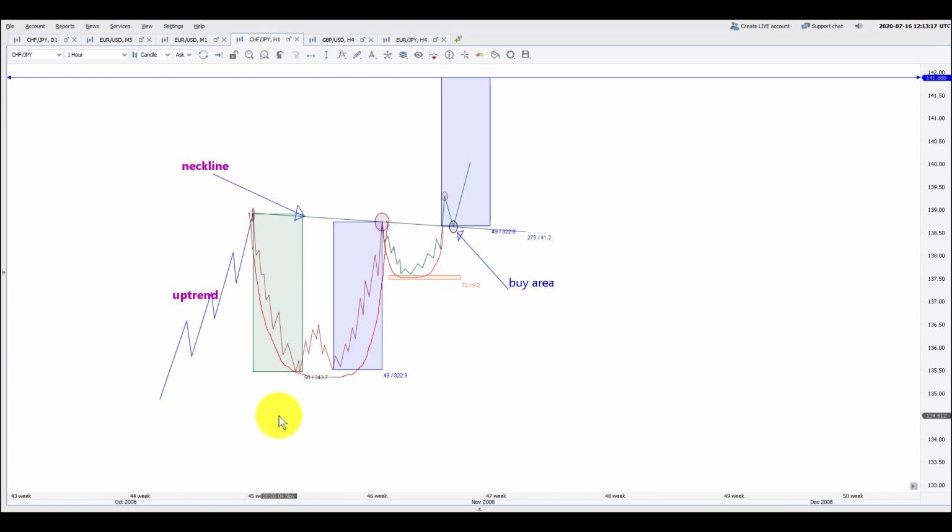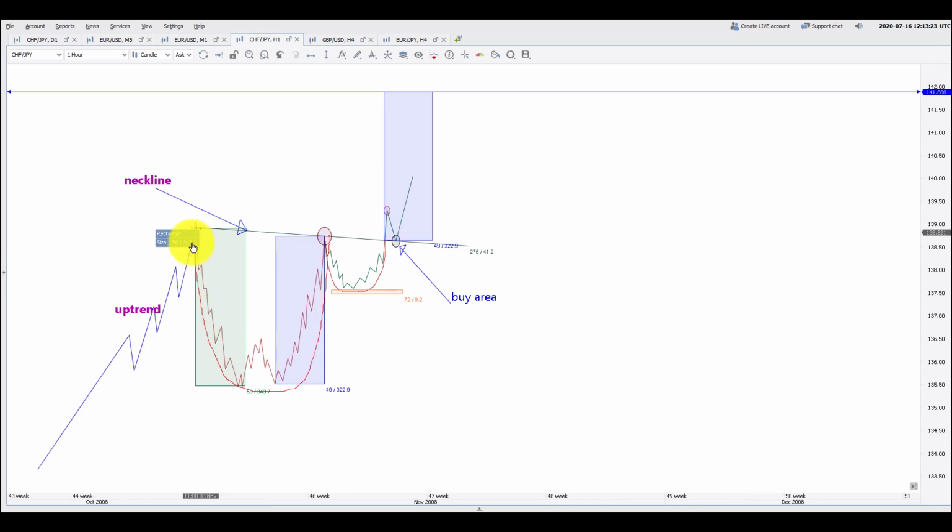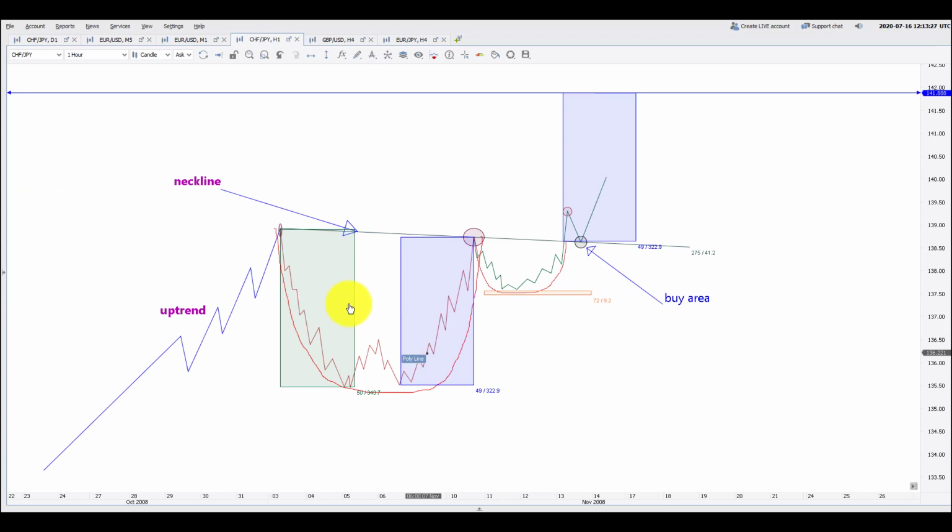So I will just revisit this again. We will have an uptrend. In an uptrend we will find that the price started, okay, one more thing that is worth noting here: you cannot say that it is a cup and handle if the price is recovering in a V shape. If the price comes from here like this and then goes like this, then it is not a cup and handle formation. For the cup and handle to form, the price should come like this.